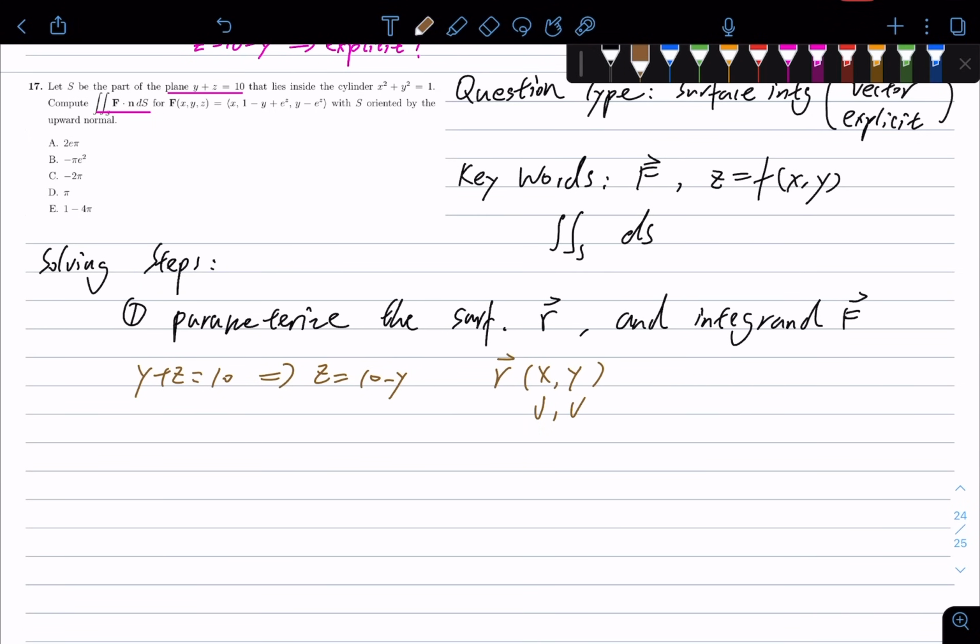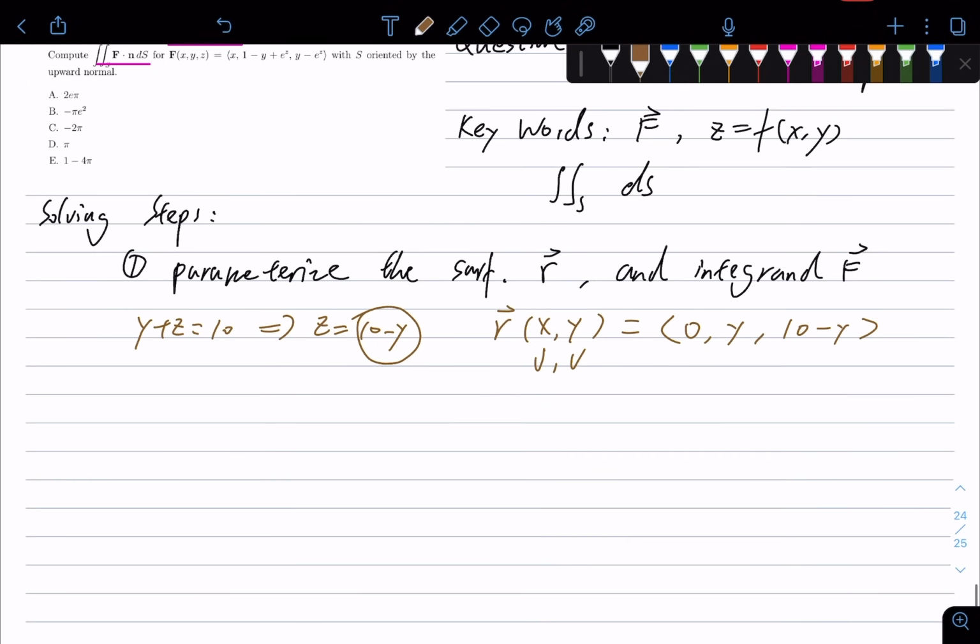So x and y equals, well, is x present in this equation? No, x is not present in this equation. So we're going to parameterize x with just 0. And then what about y? We can just let y equal y, and for the z equation, we're just going to let z equal this equation. So z equals 10 minus y.